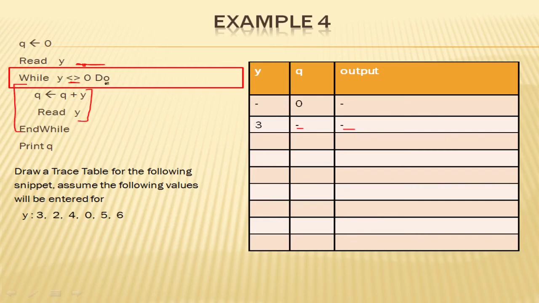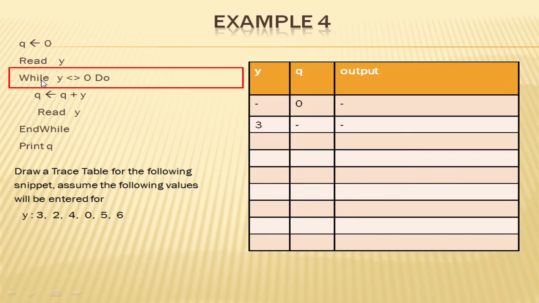The body of the while loop is between the do here and the end while here. So we're going to repeat whatever is from here to here until y is equal to 0. As soon as y is equal to 0, we're going to break out of this while loop and continue down here. So let's continue our trace table.